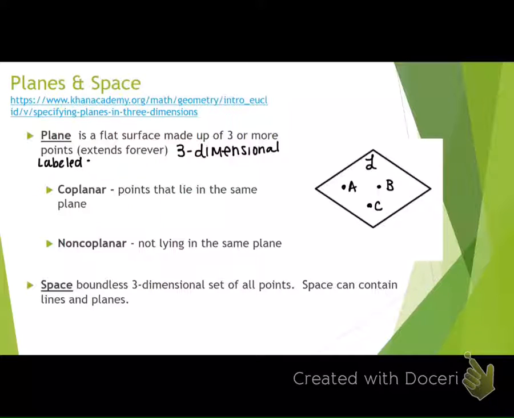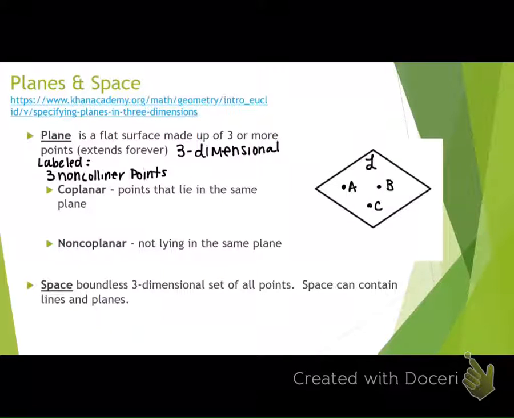So it's labeled with 3 non-collinear points. They have to be non-collinear or else it's just going to be a line, okay? And that's not necessarily a plane. So it has to be 3 non-collinear points, meaning not along the same line, which means that they're capital letters, or an italicized capital letter.